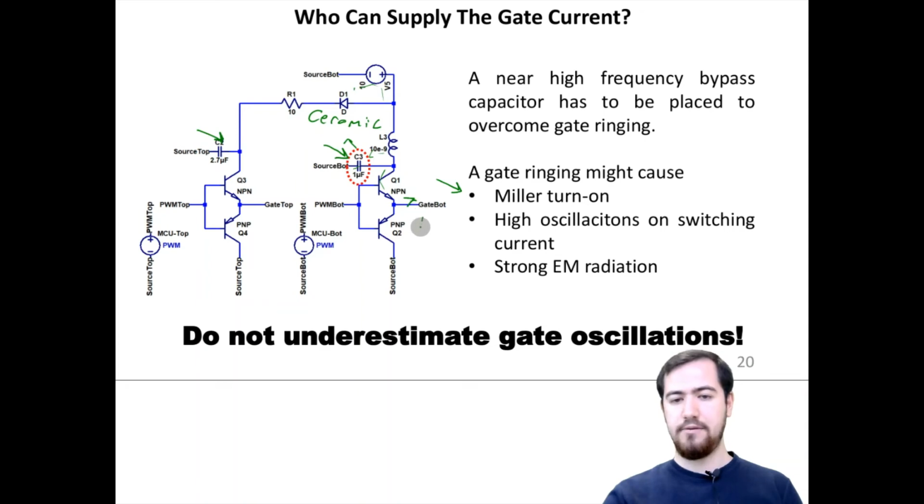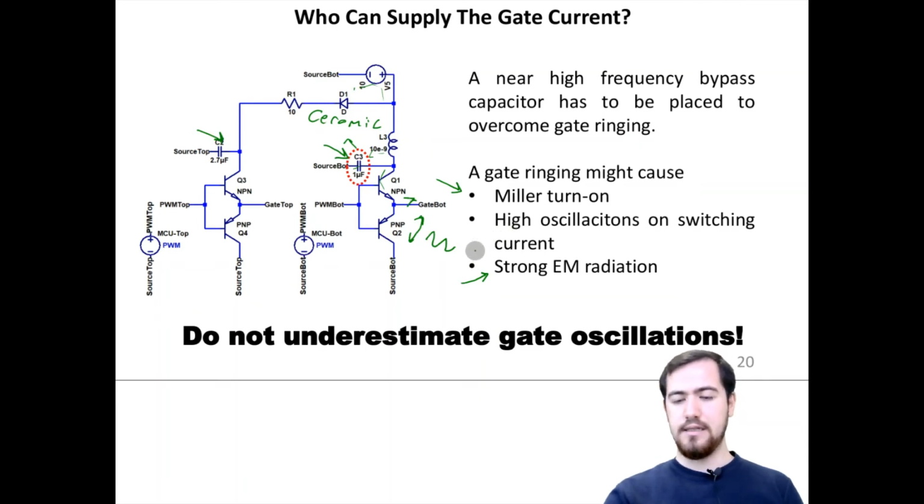If this bias level oscillates, this means the conductivity oscillates, so the drain current oscillates, and it causes very strong electromagnetic radiation, which causes EMI or EMC problems for other types of circuits in our converter.